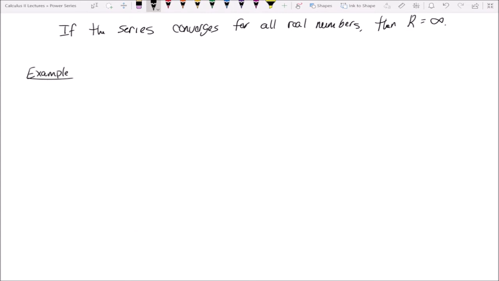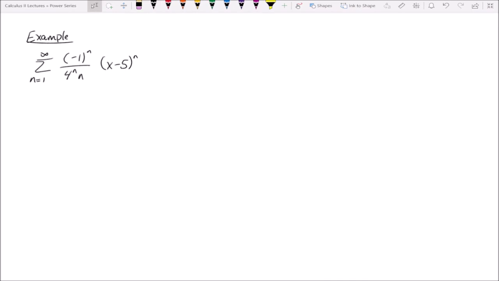Well, let's take a look at the series n equals 1 to infinity, negative 1 to the n over 4 to the n times n times x minus 5 to the n. We want to determine the interval of convergence. Well, we studied a test to determine when a series converges, right?